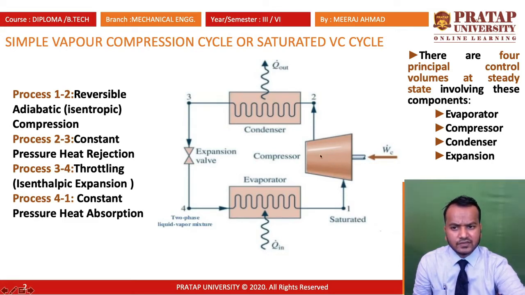In the compressor, reversible adiabatic compression takes place, and the compressor takes work input from an external source. After compression, the refrigerant is at high temperature and high pressure, and then goes into the condenser, where constant pressure heat rejection takes place.